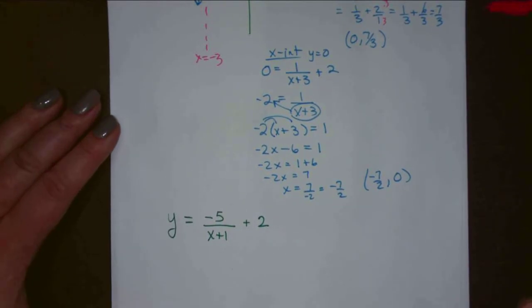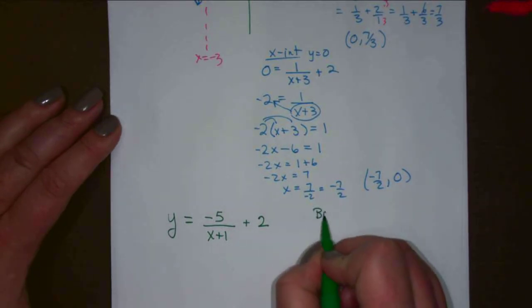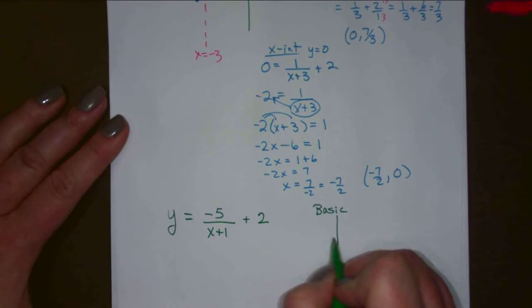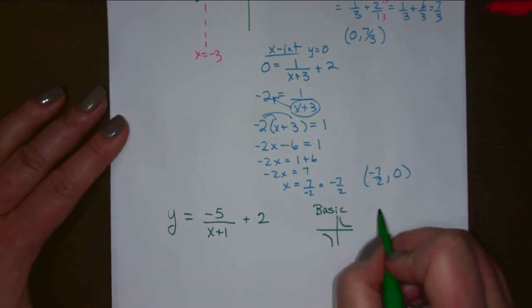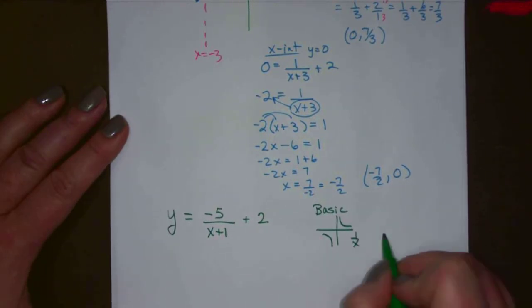So I've changed the fraction part to a negative. What would it look like? Here's our basic graph. That's 1 over x. Negative 1 over x will be what?